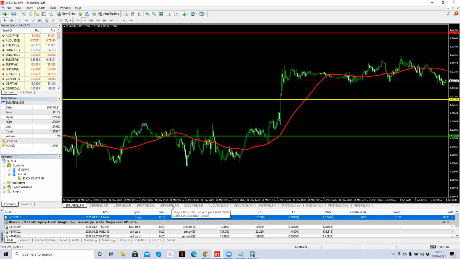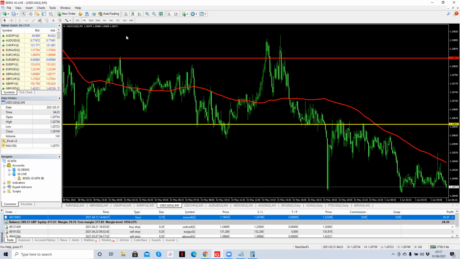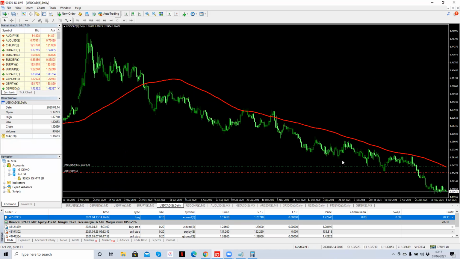So let's come to the dollar, Canadian dollar. Again, start with the swing trade, daily time frame D1. So at the moment, I'm not in a live trade on the dollar, Canadian dollar. So I'm just adjusting my pending buy order. You can see the market is currently trending down, extremely bearish. So I'm looking to buy if the market reverses when it breaks the moving average.